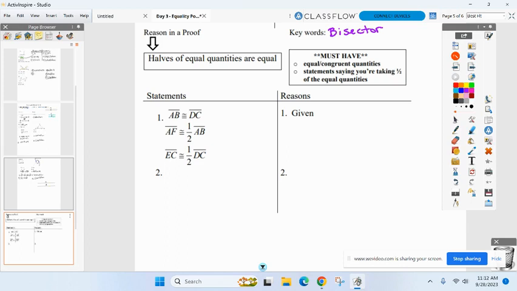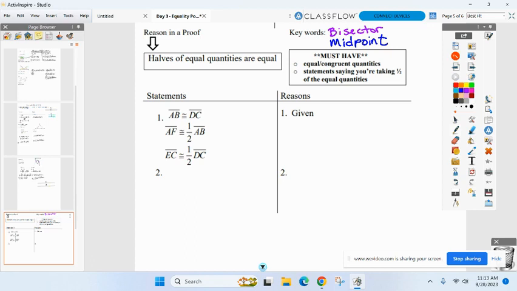The other keyword I'm looking for? Zeeb, your group? Midpoint. Yes! If I see those words in the givens going forward for now, I know this new theorem is going to be somewhere in my proof, probably ending the proof.